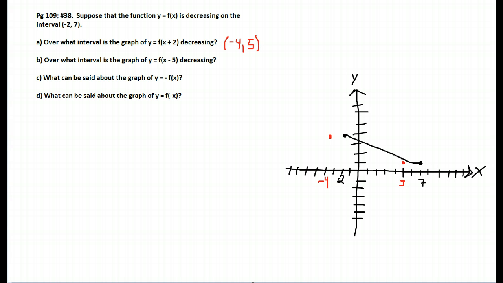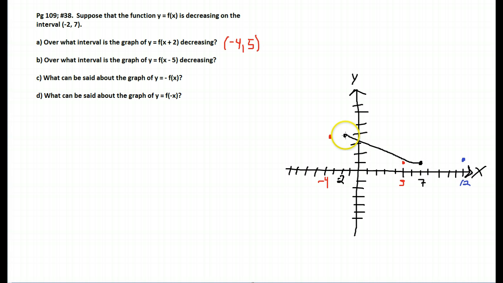Now, part B. Over what interval is the graph f of x minus 5 decreasing? Well, -5 inside of parentheses is a horizontal shift to the right 5 units. So we move each point to the right 5. So 1, 2, 3, 4, 5. And if I were to take 7, add 5 to it, I have 12.